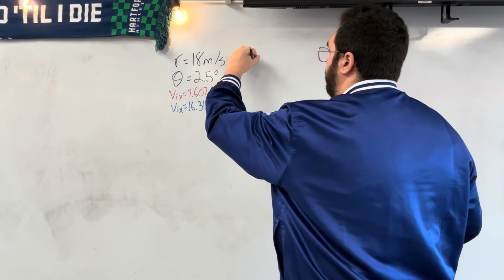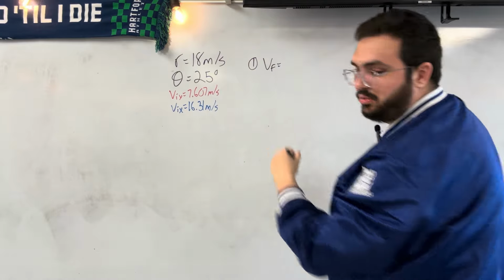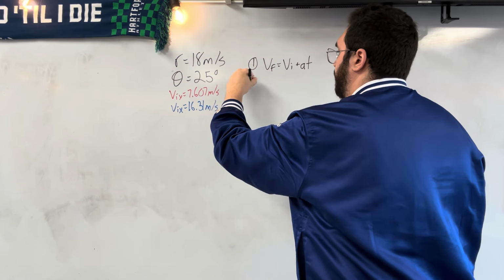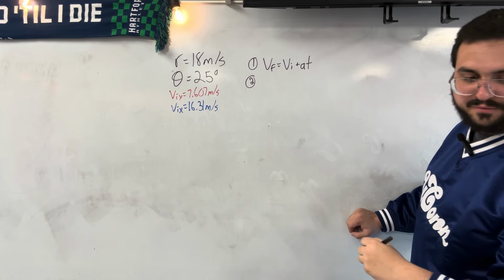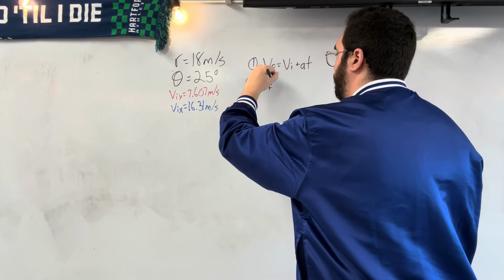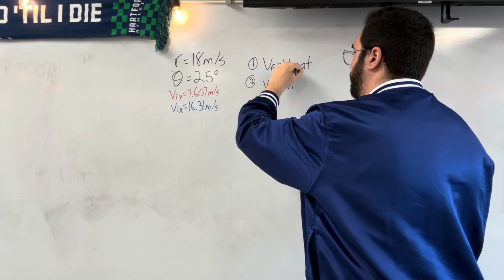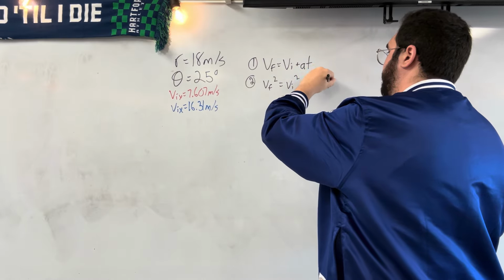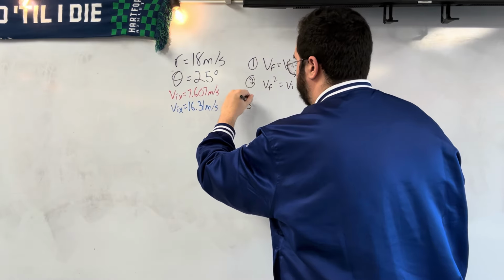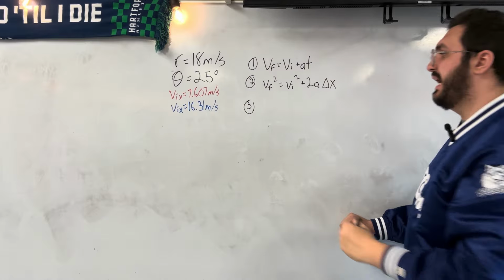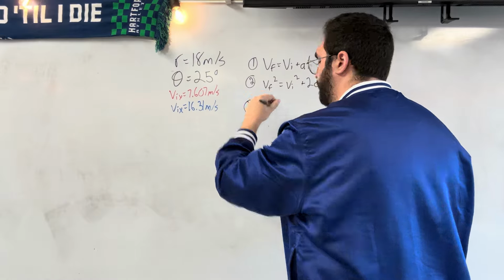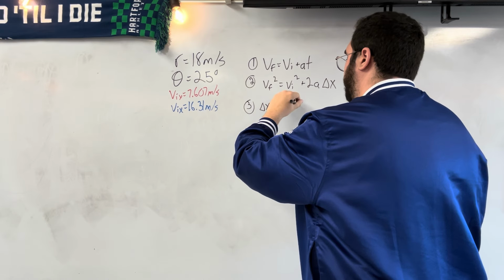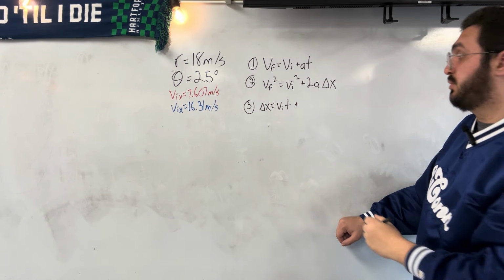So we have equation 1, which is V final is equal to V initial plus A times T. Equation 2, which is going to be V final squared equals V initial squared plus 2A change in X. Equation 3 is going to be change in X equals VI times T plus 1/2 AT squared.